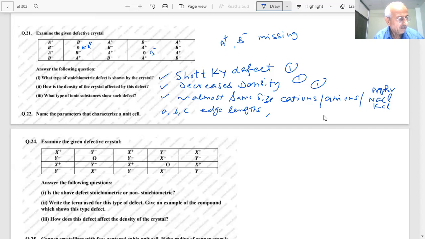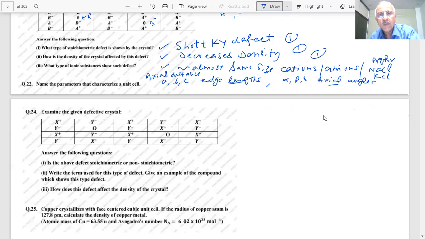Its dimensions along the three edges A, B, and C, and then the angles between the edges alpha, beta, gamma. What were they called? Axial angles. And the dimensions? Axial distances or edge lengths. The words are important. Each word has a meaning, so be careful what answer we are giving.